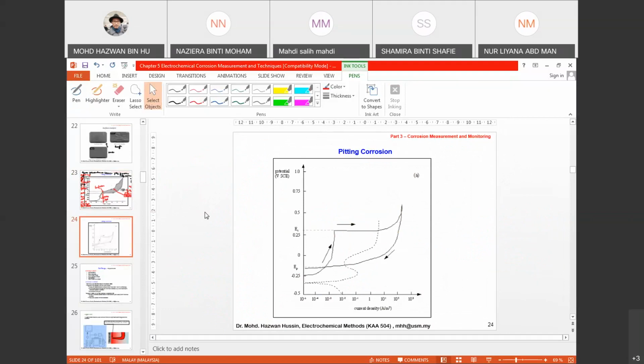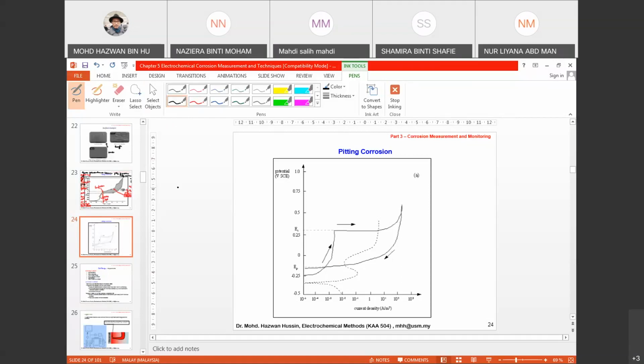So this is to show you the examples of pitting corrosion. If you have metals, when they start active and then form passive, then this is the pitting potential, transpassive, reverse potential, and this is the repassivation potential. All right. So what would be the indication if you have two samples that you perform cyclic polarization on?